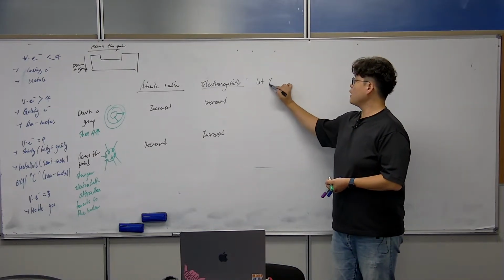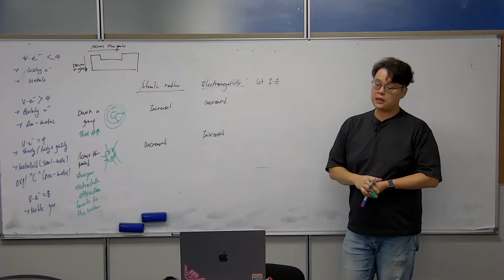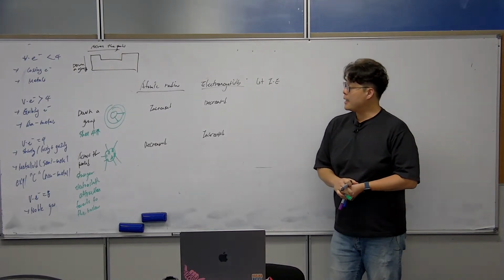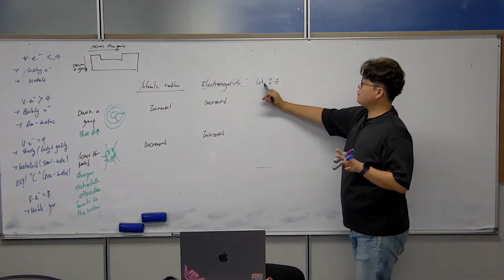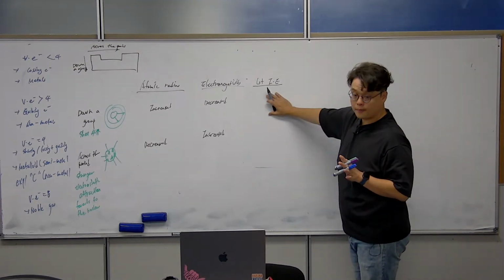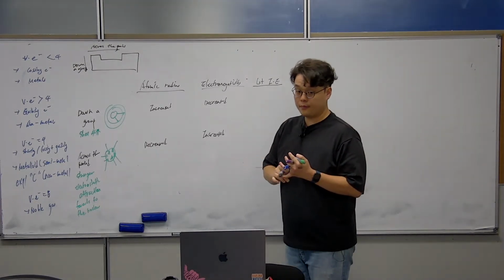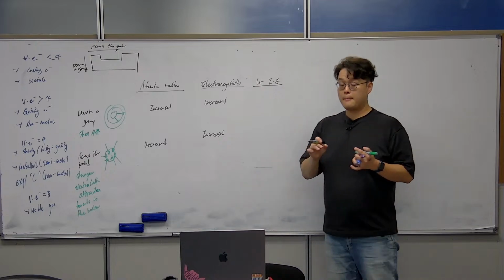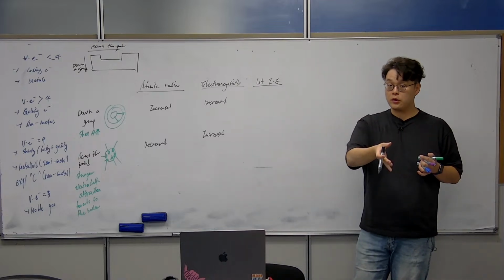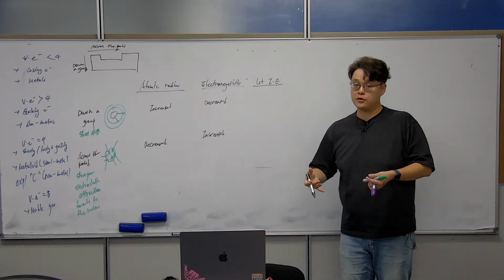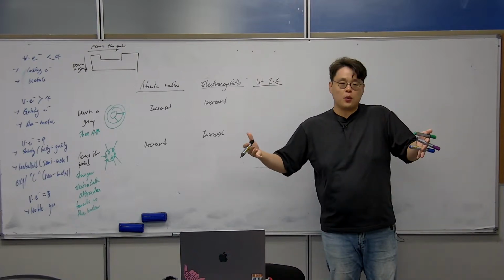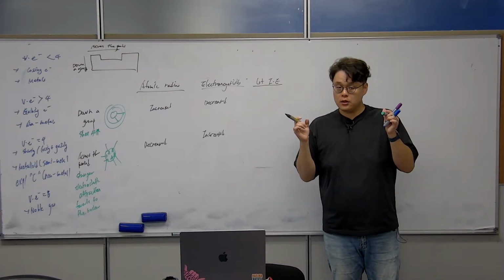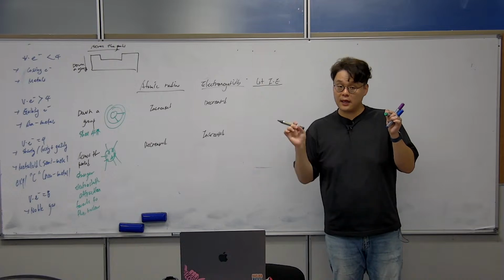First ionization energy, in short IE, I just write that as IE, okay? As the size gets bigger down the group, what does first ionization energy actually mean? The amount of energy required to remove the first electron. So if the atom wants to gain electrons, it will be harder to remove the electron from it.